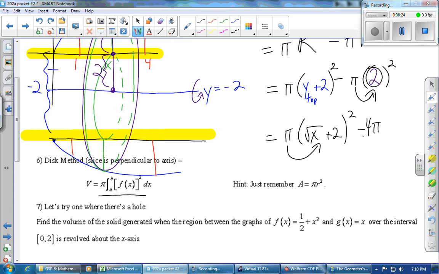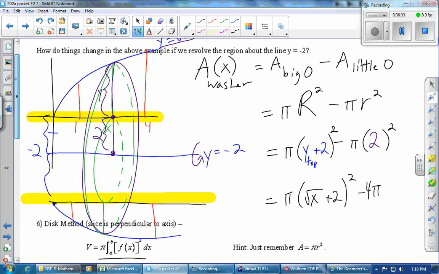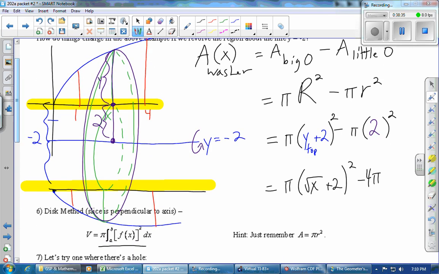But I really think that it's not worth trying to just memorize some formula. There's no one-size-fits-all thing that we're going to be able to do here. So draw a good picture, really focus on trying to understand this idea of sweeping and finding the area of a slice. In this case, the slice, the area becomes a washer. And then once we've got that, all we need to do is stick this into an integral.